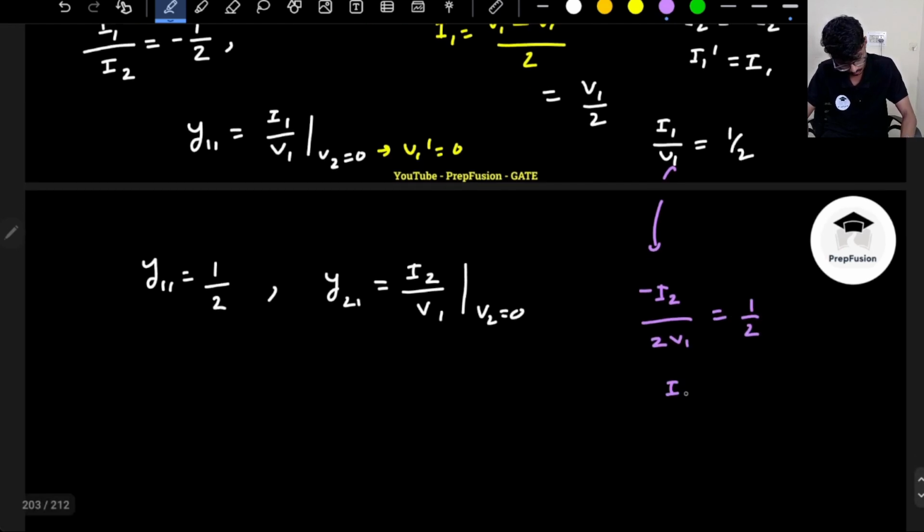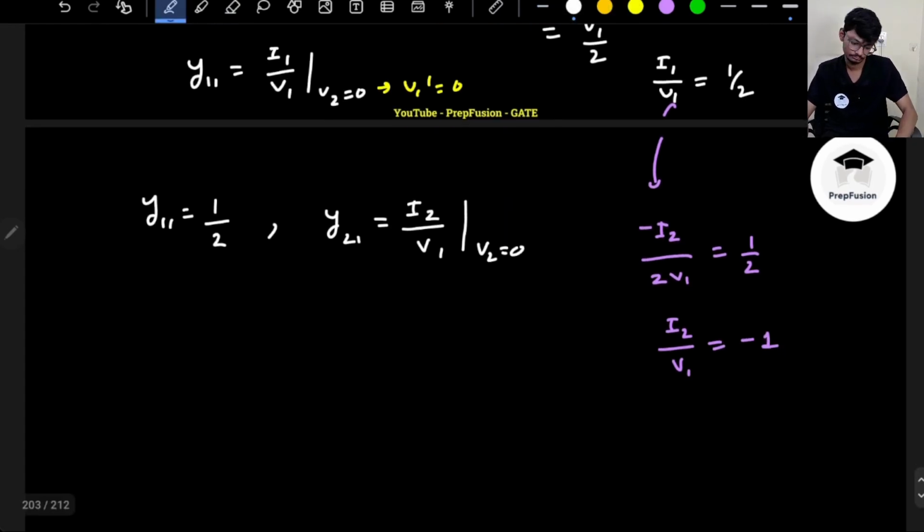So I2 divided by V1 equals minus 1. So y21 is minus 1.